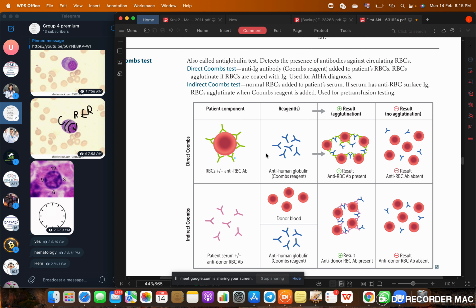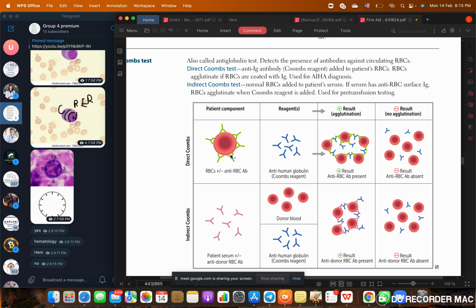Okay? So if there are no antibodies, will they bind? The answer is absolutely not. They will not bind. That means no agglutination will occur. But if the antibodies are present and you add this anti-human globulin, which is the antibody against the antibody, they are going to agglutinate together, and this agglutination is basically a positive reaction.